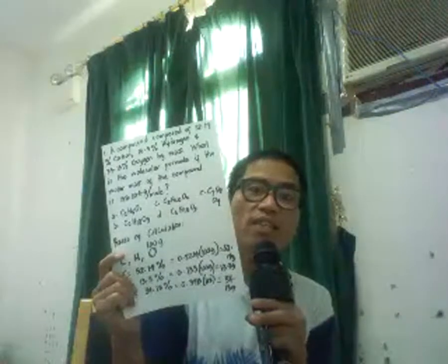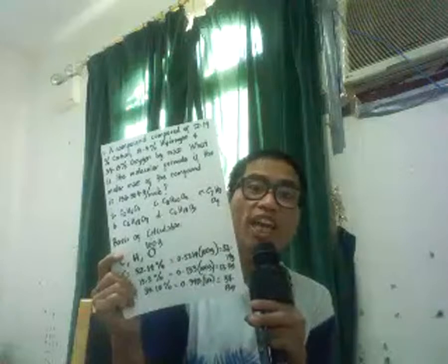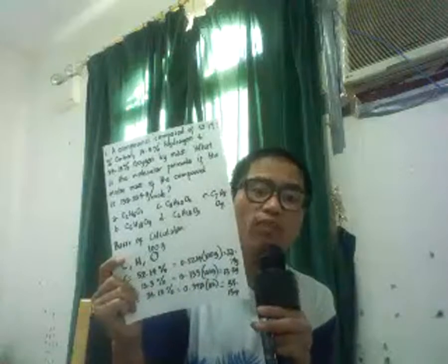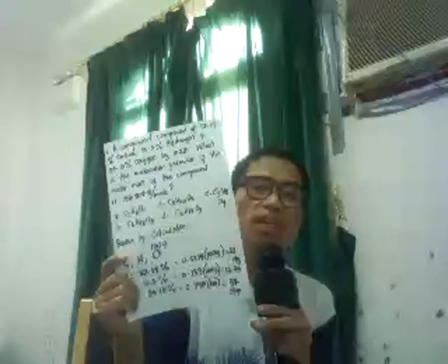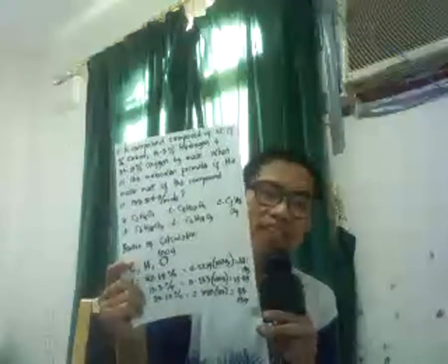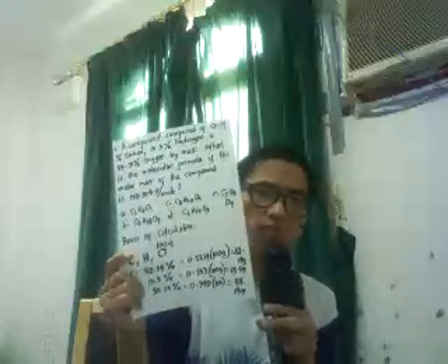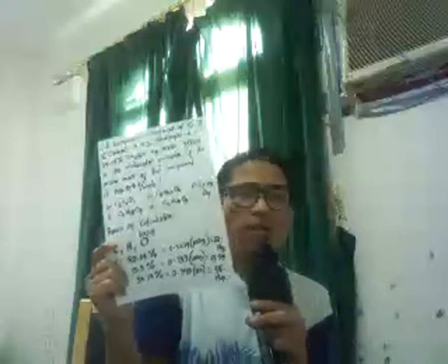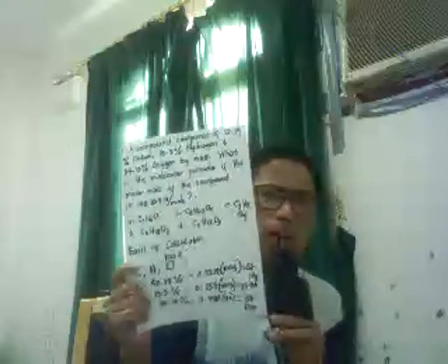Because there are 3 subscripts of each element to be assigned with a variable, we need to let those be x, y, and z. Since we need to determine the molecular formula, we will say immediately the number of grams in each element. What comes to our mind?